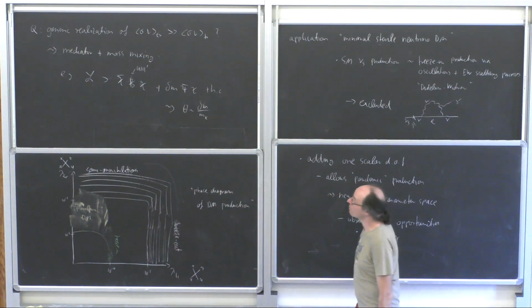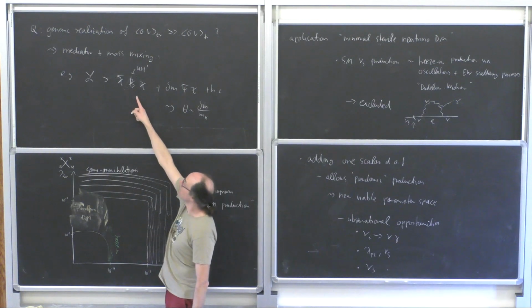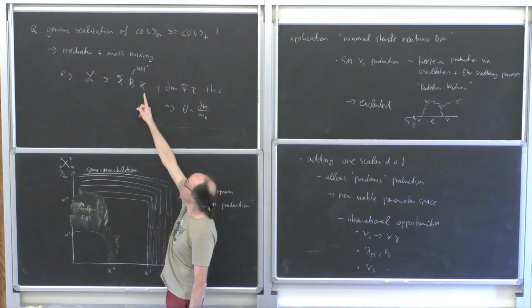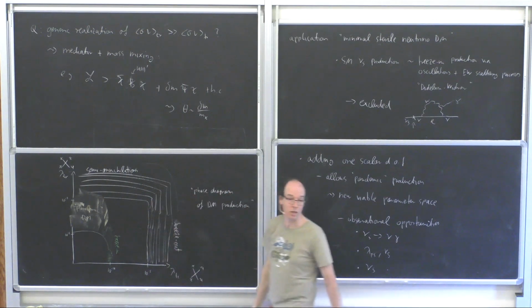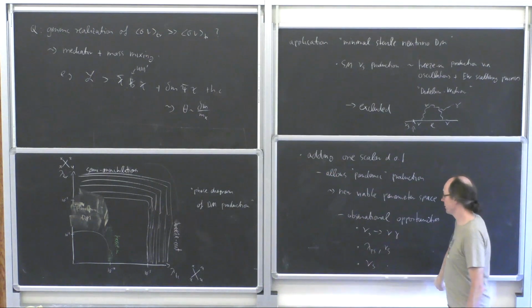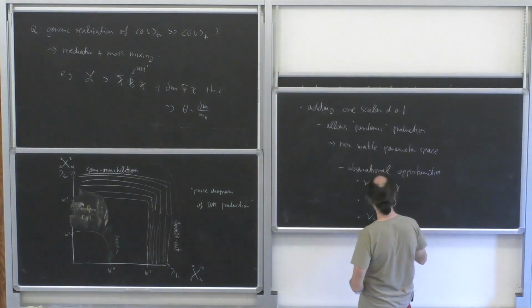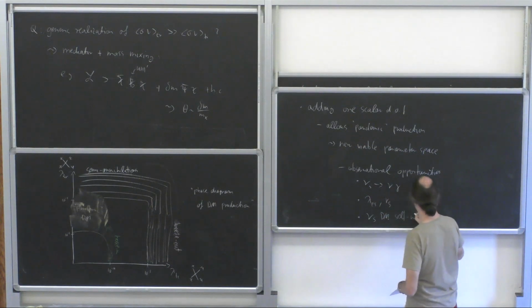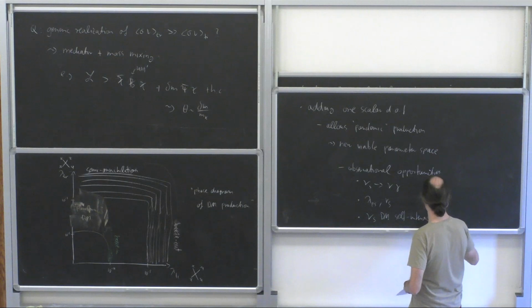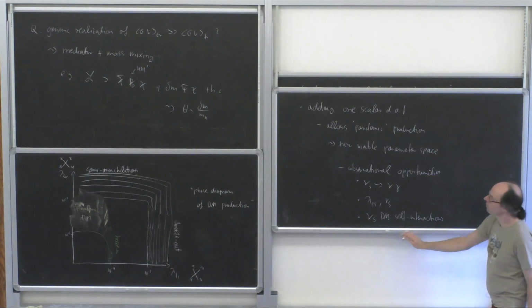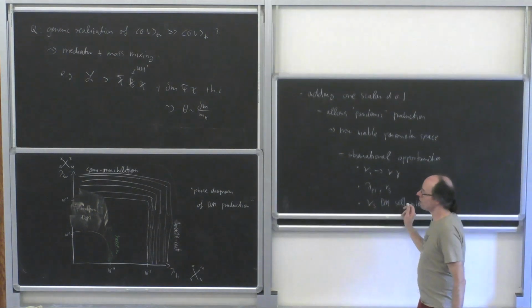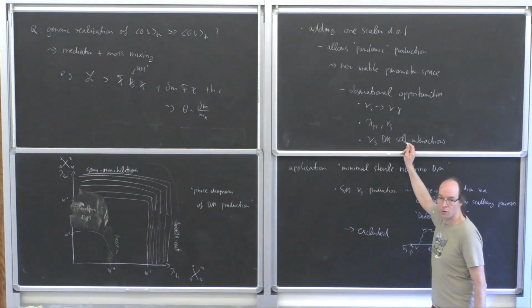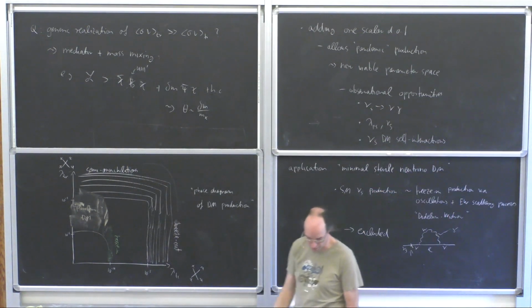And that can only be done by making the mediator here more efficient. So we need a larger coupling there, and that induces a larger self-interaction. So we have sterile-neutrino dark matter self-interactions. Okay, so that's just a concrete model building application.